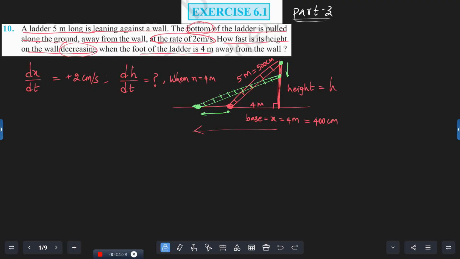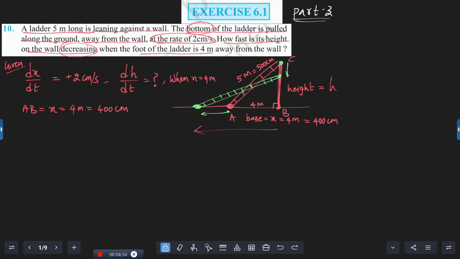Like that we can write. Okay, we'll give names. This one will be A, base will be B, and this one will be C. Then what is all given? AB is given. AB we assumed as x, that is base, which is equal to 4 meter, that is 400 centimeter.